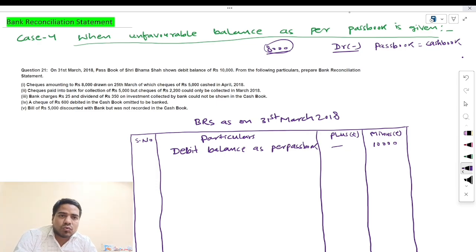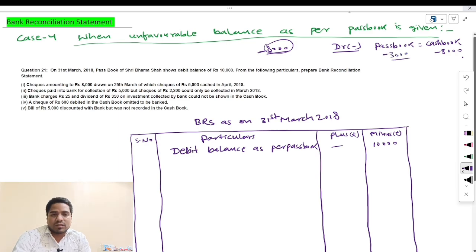So what would happen here? Whenever you had issued the check, at that time you had deducted this amount of 8,000 from your cash book. But only 3,000 has been encashed from your passbook in the month of March, and 5,000 was cashed in April 2018.